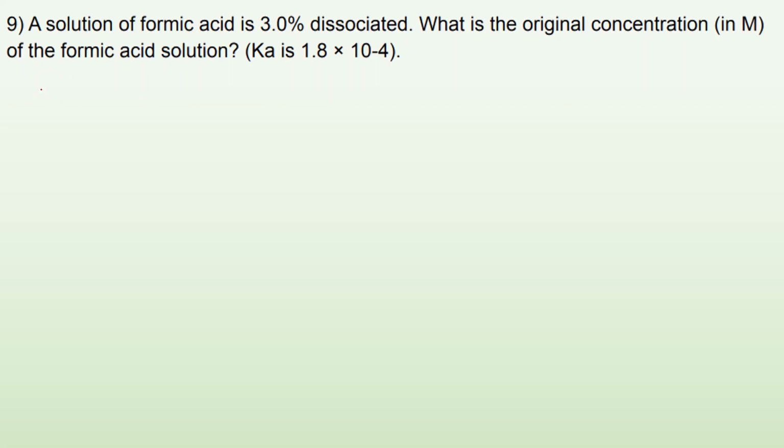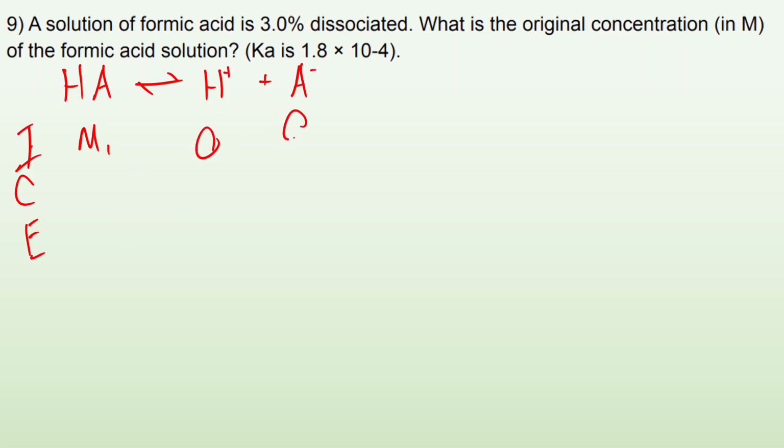Again, they don't tell me what the formic acid is, so I generally just say I have a generic weak acid in equilibrium with its H plus and its anion. So you set up initial, change, equilibrium. Initially, I had some original molarity and 0 H plus and 0 anion. I used up some amount of that weak acid to make the same amount of H plus and anion.